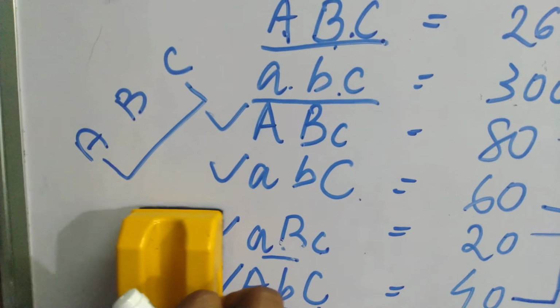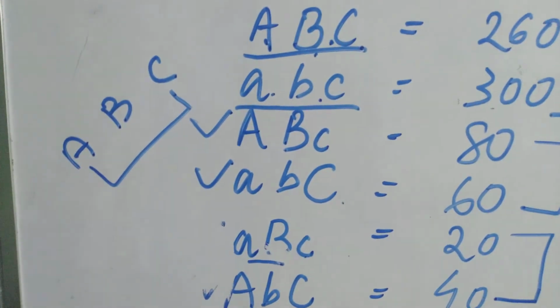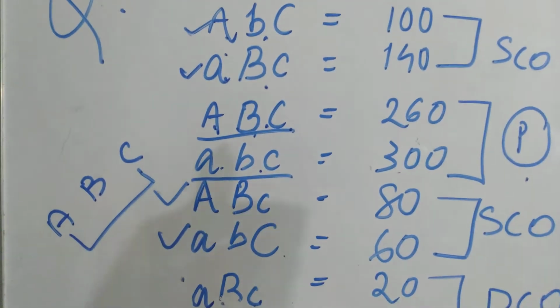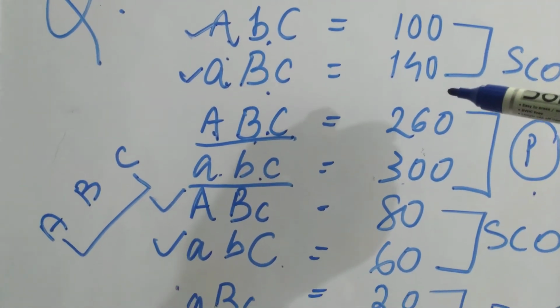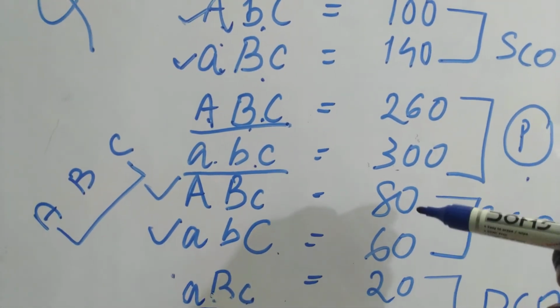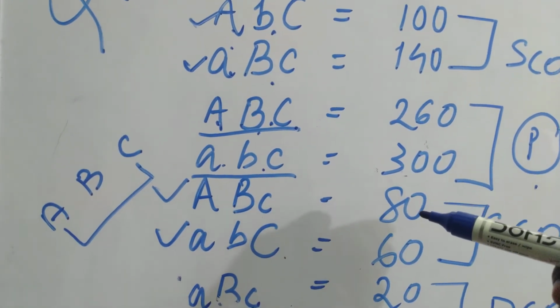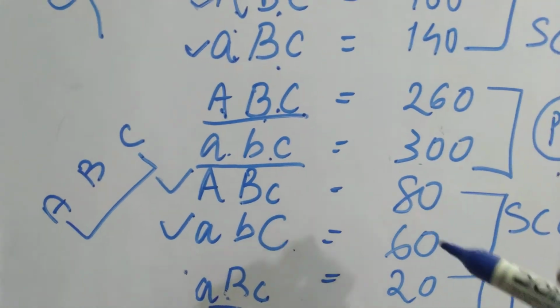So 1, 2, 3, 4, 100, 100, 240, 140, 340, 380, right?